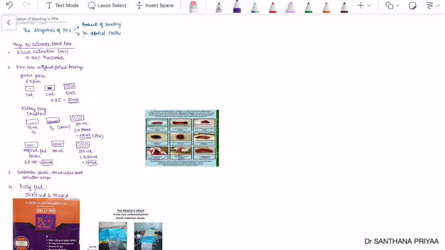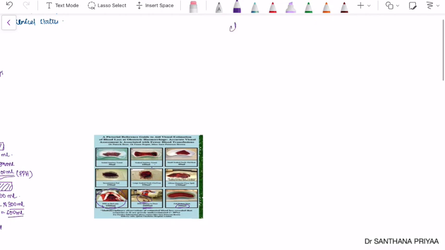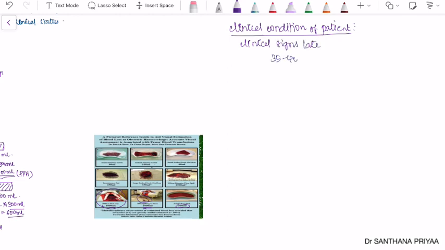How to assess the condition of the patient clinically. These clinical signs will be manifested late only, that is when 35 to 40% of the circulating blood volume is lost, the clinical signs will manifest.